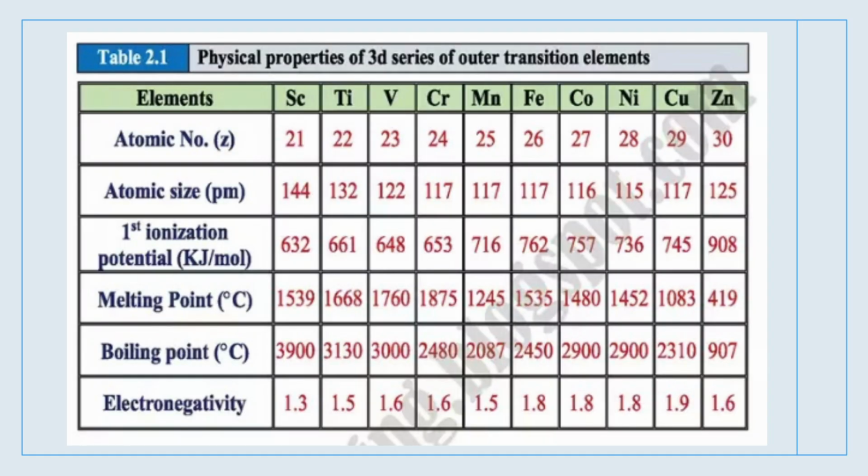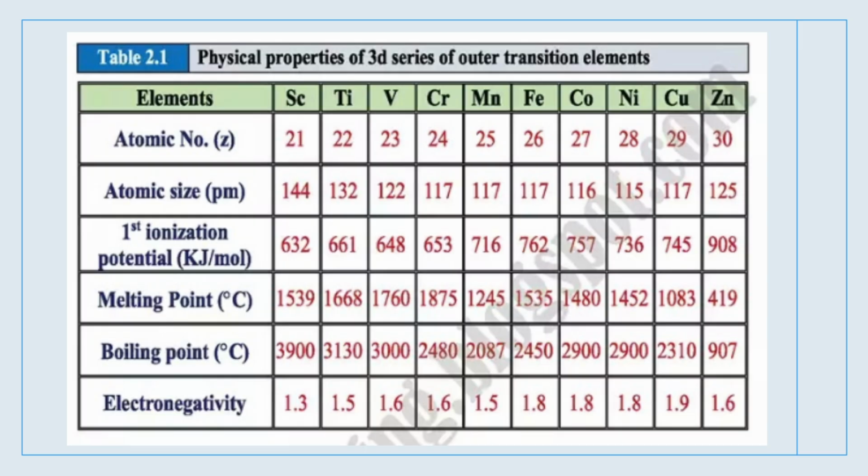This is a table that shows the physical properties of the 3D series of the outer transition elements. In this table, you can see that we have atomic number, the atomic size, their ionization potential values, melting point, boiling point, and electronegativities.